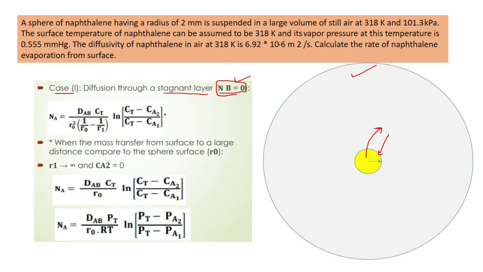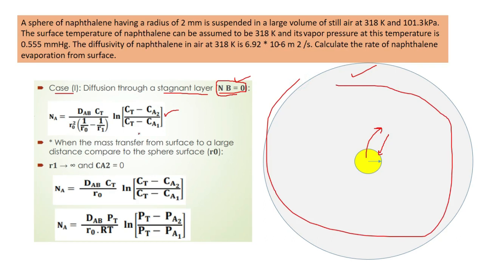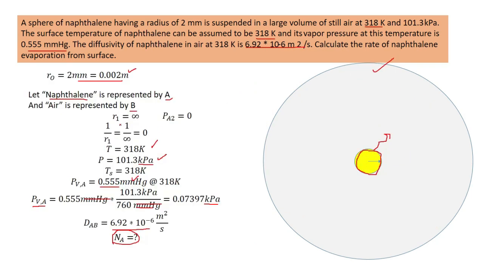For spherical particles you will use this formula, but here the mass transfer is from the surface to a large distance compared to the sphere size. As the air is a huge volume, we can say R1 is approaching infinity. The radius of the air is very high. So 1 over R1 will be equal to 1 over infinity, which is always equal to 0.